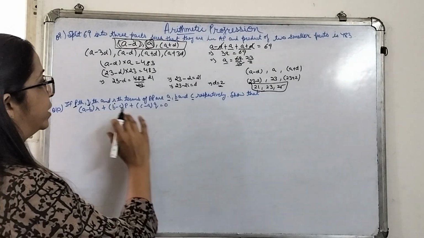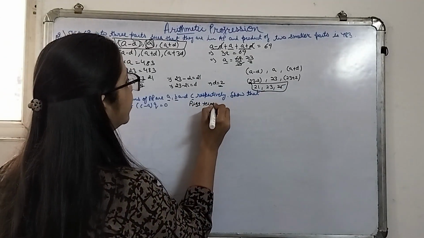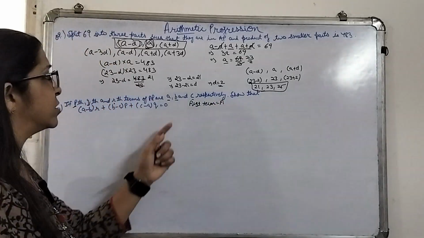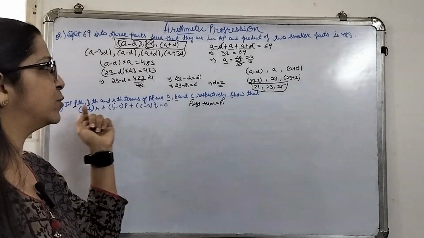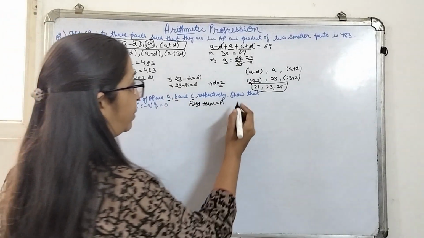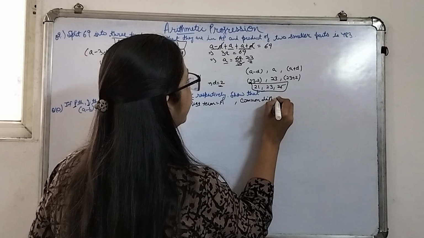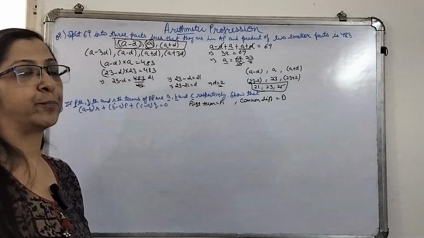So we are assuming that the first term of the AP is capital A, because small a is already the pth term, so it will be very confusing. And the common difference we are assuming to be capital D.